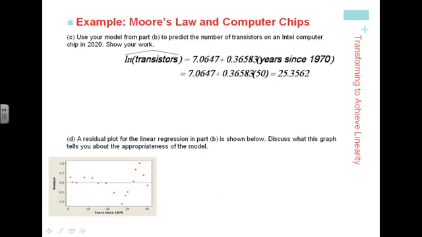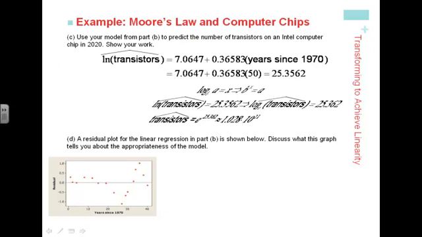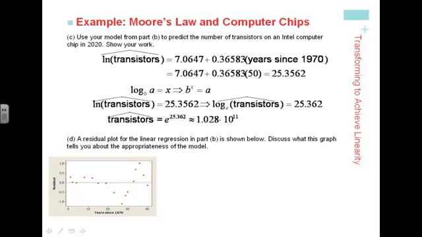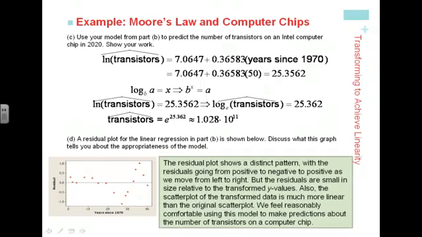Let's go on. This is them undoing the data. And again, they say even though it shows a distinct pattern, it's okay. So that's undoing exponential to show linearity.